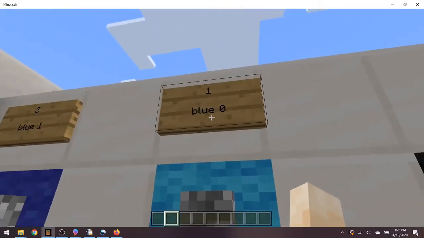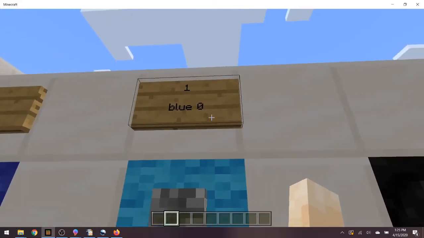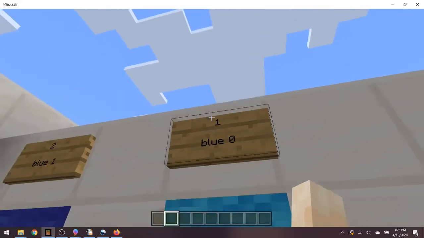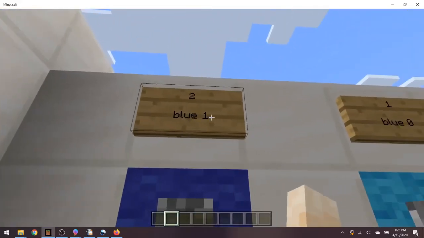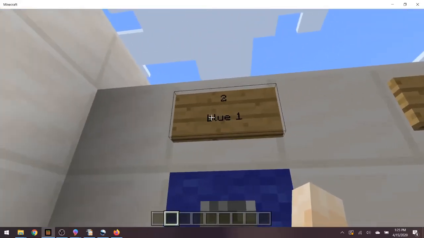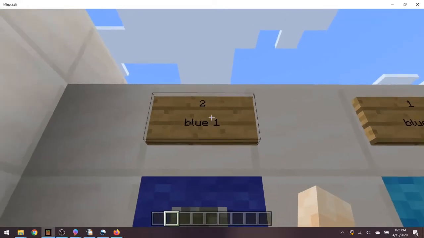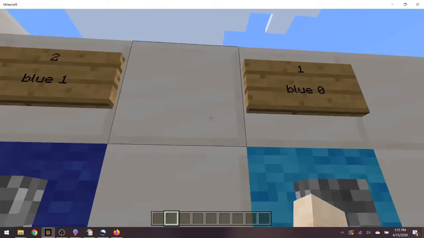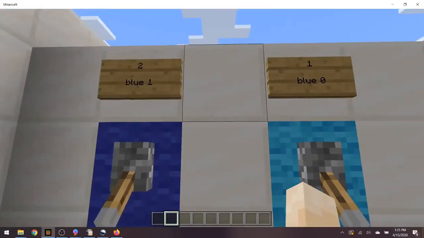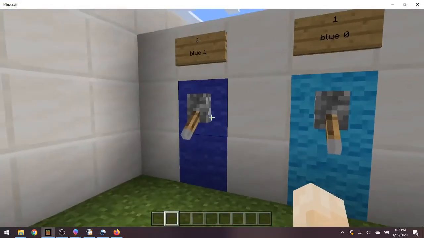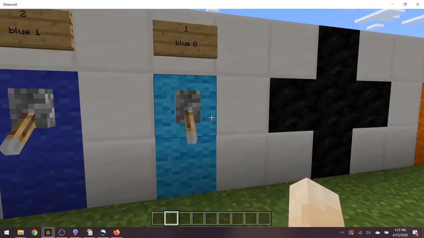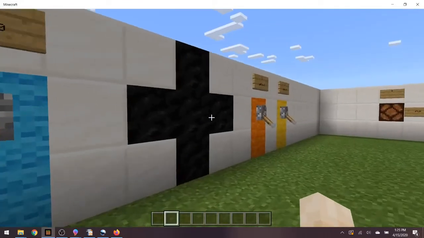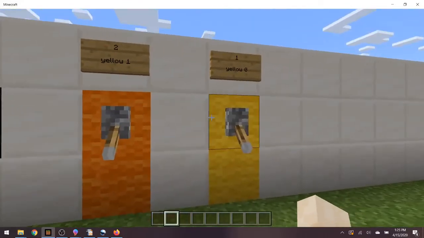And I'm kind of calling this blue 0, kind of like 2 to the power of 0 is 1. And this is blue 1, so 2 to the power of 1 is 2. So I've got the 1's place, and I've got the 2's place. And notice how they're organized from starting right to left. And I've got the same thing over here.